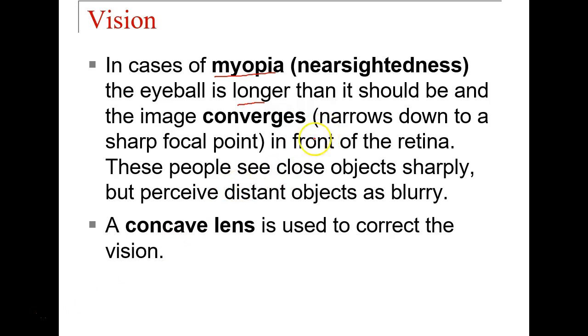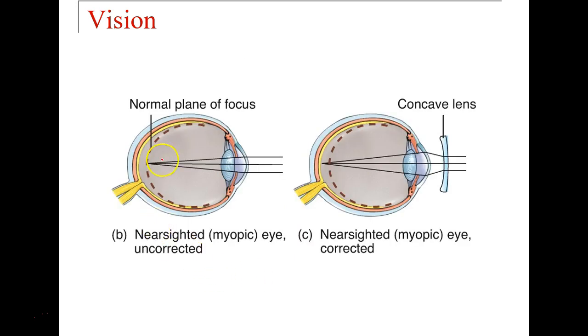So it will converge before the retina or in front of the retina. So these people can see close objects sharply, but distant objects become blurry to them. For correction, we have concave lenses. So here is a view of that. The eyeball becomes more elongated than what it should be.